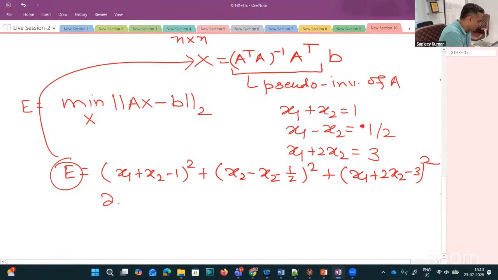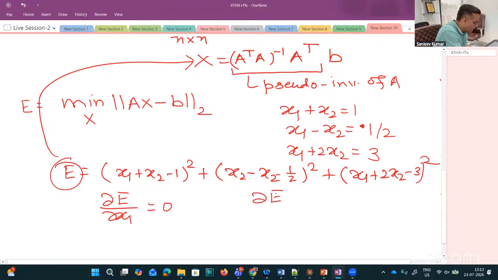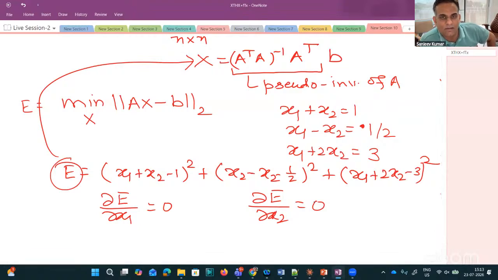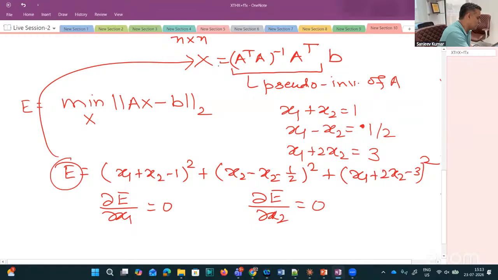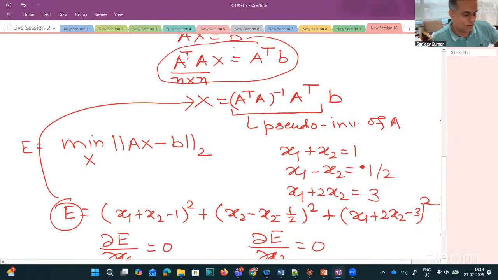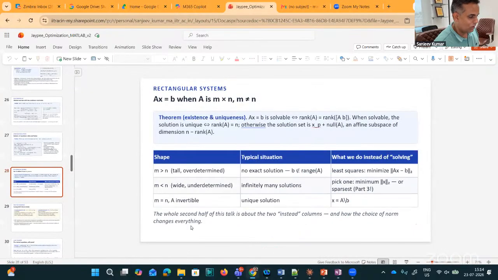How will you do it? You will find del E over del x1 equals to 0, del E over del x2 equals to 0. Okay. And from here you will get a 2 by 2 linear system, which is equivalent to this system only. Okay. And then you can find the solution. So in that way we can find the solution of ordinary least square.